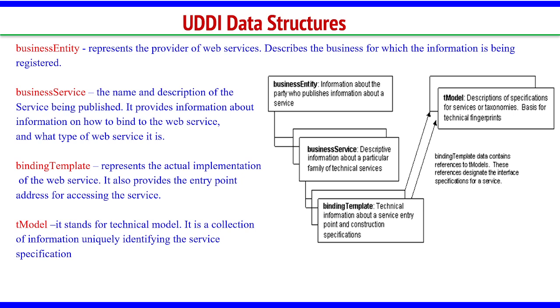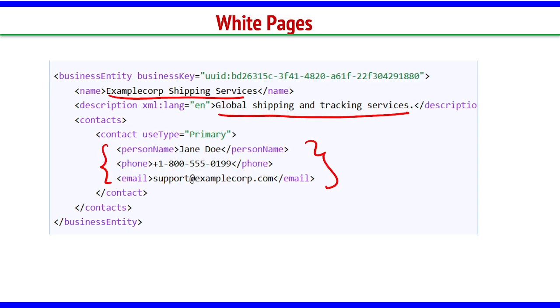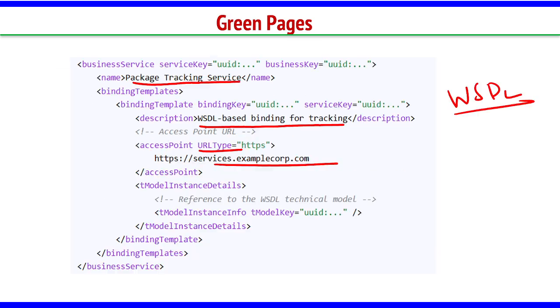So there are some data structures in UDDI. Okay, if I just go back here and see, we are talking about the T model, right? One data structure, if you see here, we are having business entity, one more parameter, right? So business entity is also used here. If you see, we are having binding templates, right? Business service.